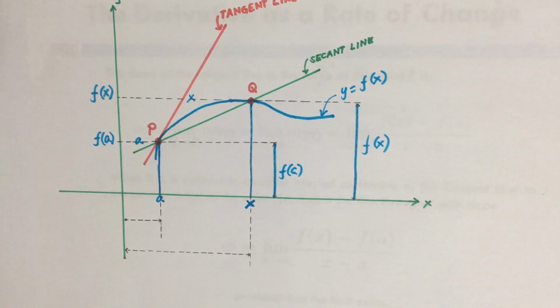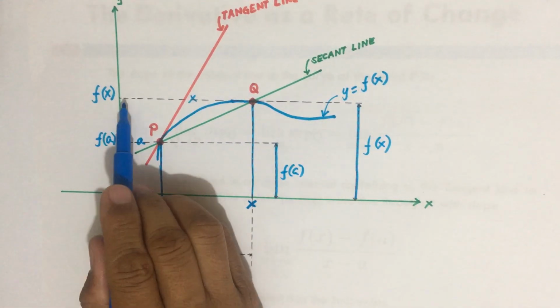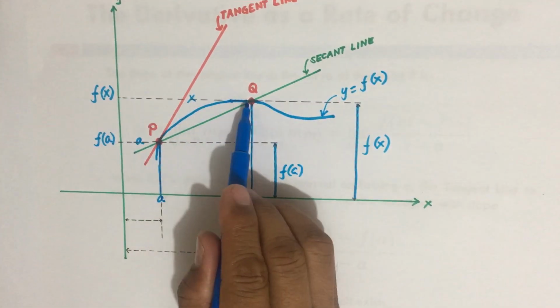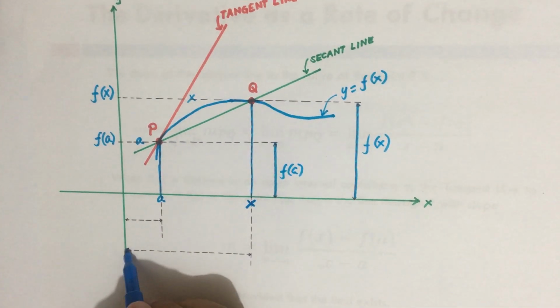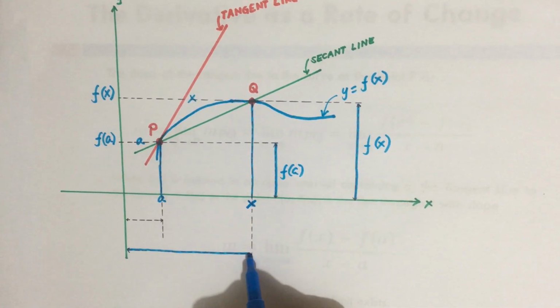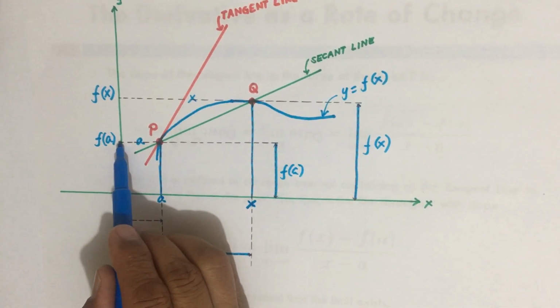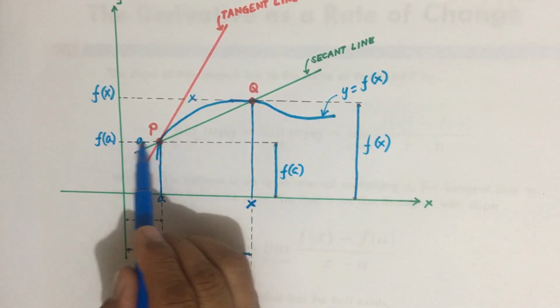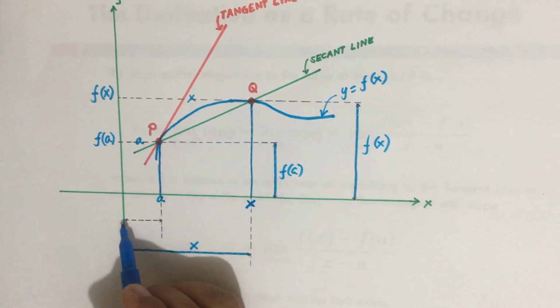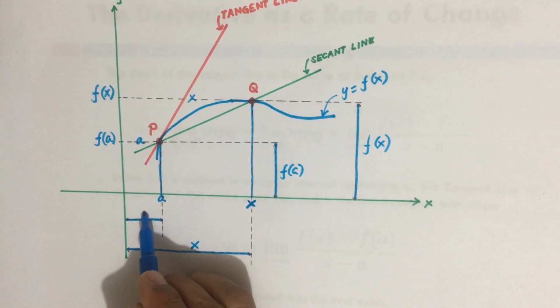So similarly, when we say the distance from the y-axis towards Q, that is x, so this is also x here, right? And I said a while ago that the distance from the y-axis to point P is equal to a, so that is also equal to a.